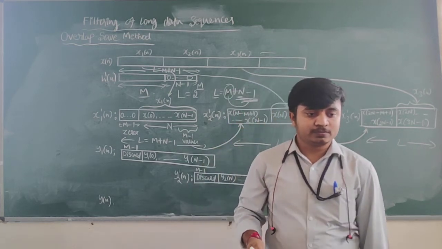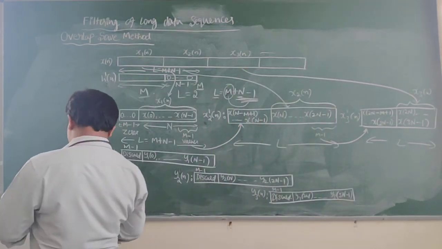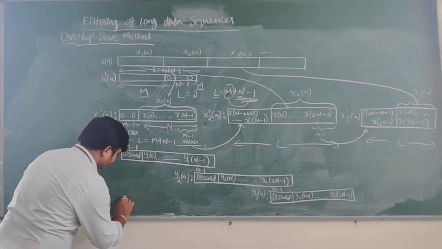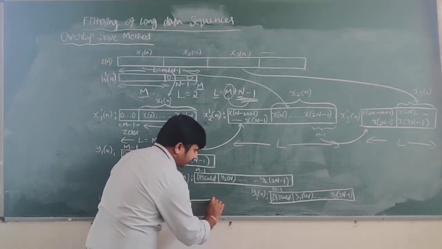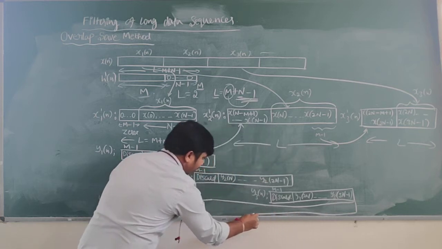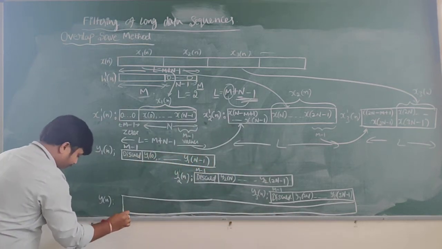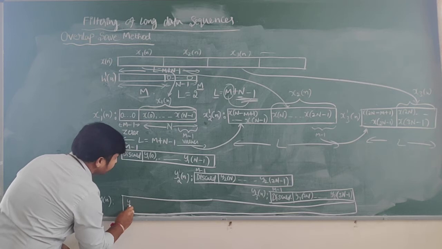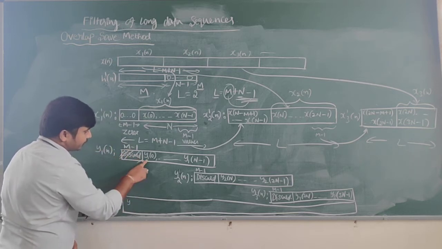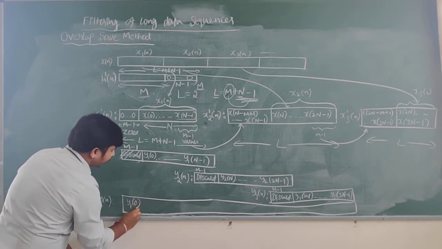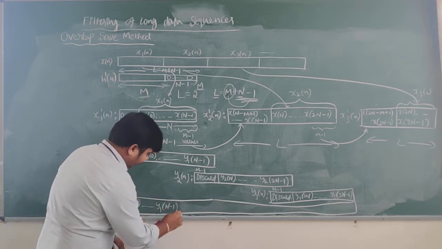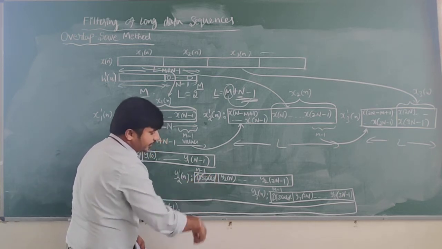So now the final output y of n will consist of the following. After discarding all the first m minus 1 entries, we get the final output y of n. It will be like this. I have discarded the first m minus 1 values. So what is remaining? y1 of 0 so on up to y1 of n minus 1, where the first m minus 1 entries are discarded.